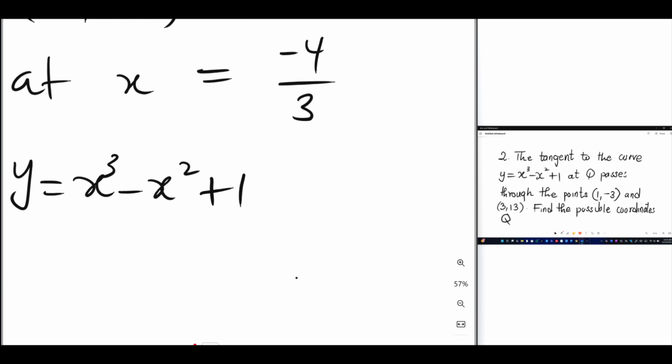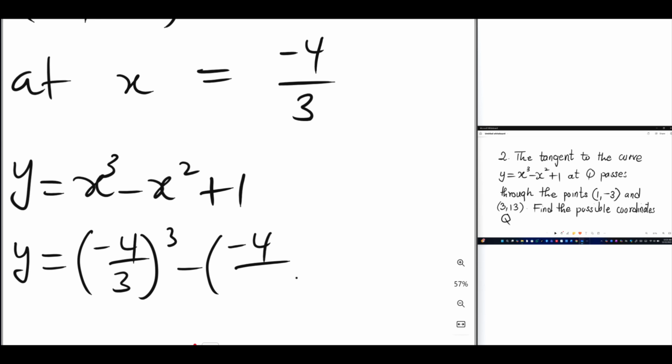Okay, so we are going to plug in the x value. So y is equal to negative 4 out of 3 exponent 3 minus negative 4 out of 3 exponent 2 plus 1. All right. So we are now going to simplify this to get the final result.